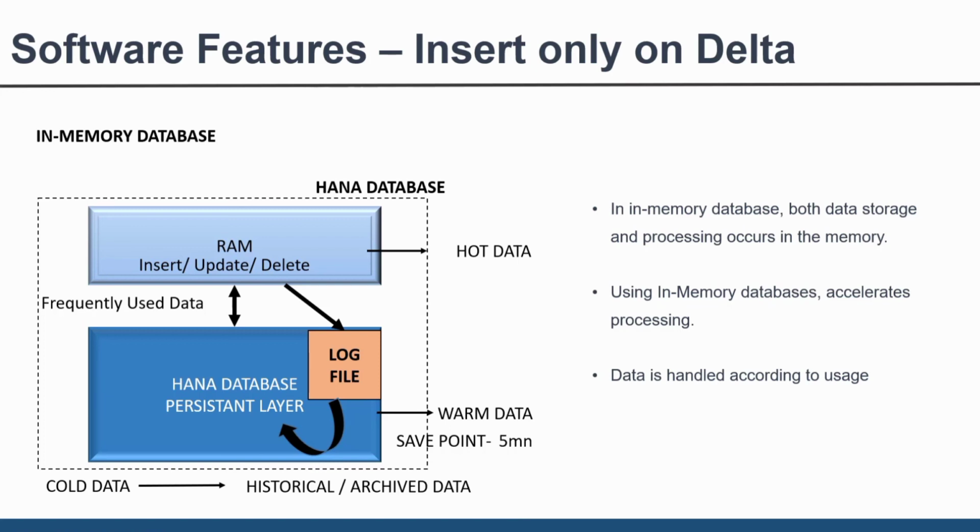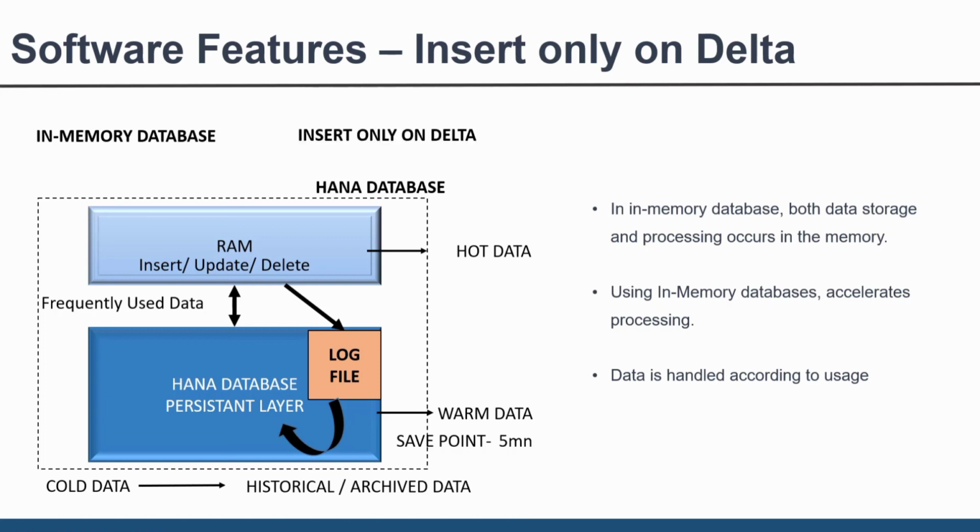When the connection resumes, the persistent layer will first read the log file, and whatever changes are recorded in it will be done in the actual database tables. Again, the hot data will be loaded into RAM. So this is how SAP takes care that even though the user is doing changes in hot data in RAM, you are still safe. SAP is taking care that those changes are recorded in the persistent layer.